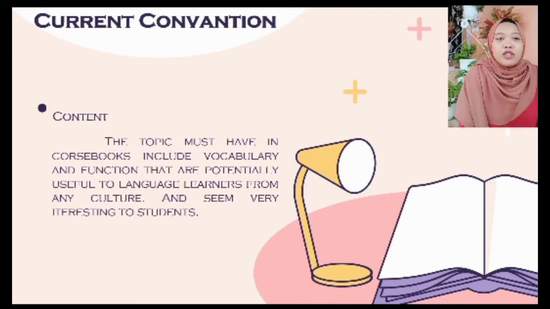The topics used in this course book include vocabulary and functions that are potentially useful to language learners from any culture. They can be especially useful to those learners who need quick exposure to survival language skills.